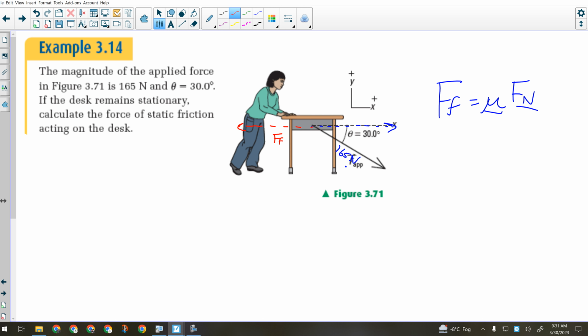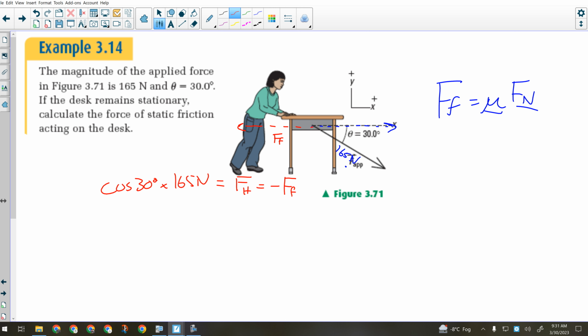So I don't need that friction formula to calculate this, I just need trig. It's one calculation. I find the horizontal component of that 165, and I know that the force forwards and the force resisting that force are equal. So I just have to go cos of 30 degrees times 165 newtons, and that will give me the force horizontal, which is equal to negative FF, because it would be forward and FF would be backwards.